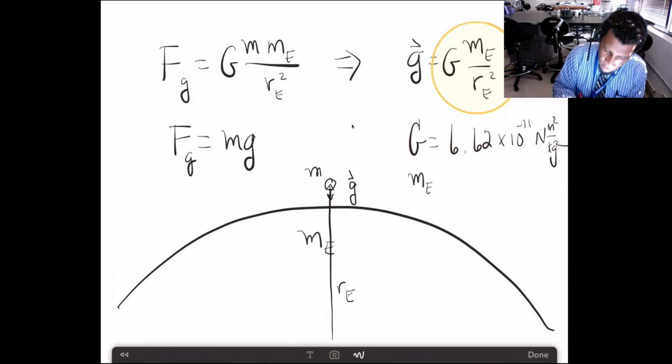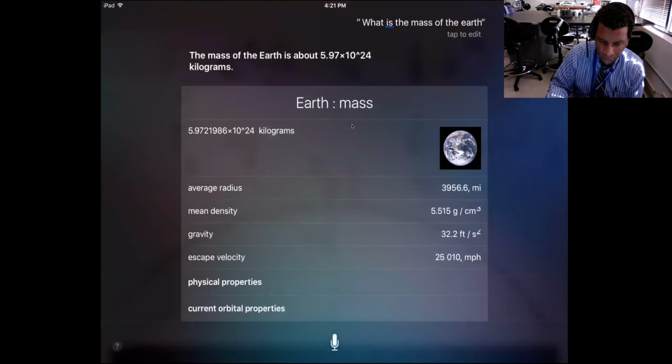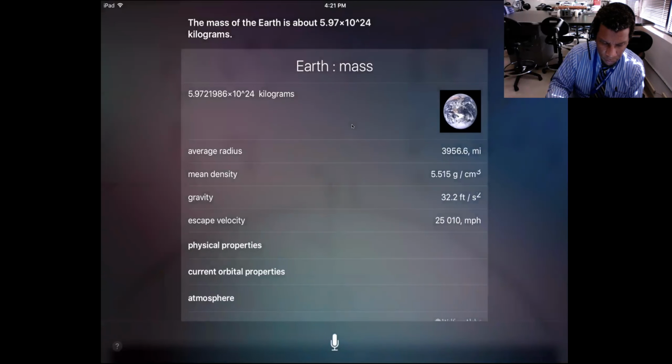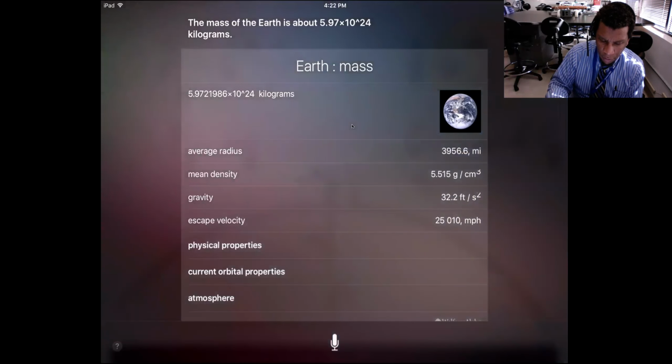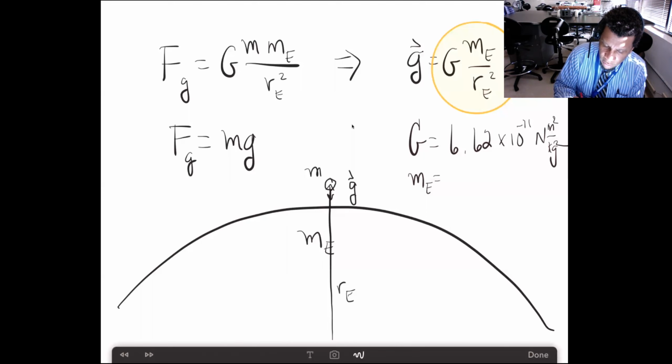The mass of the Earth is something like 5, I don't know, 6.2. Let me see real quick what the mass of the Earth is. The mass of the Earth is about 5.97 times 10 to the power of 24 kilograms. And we need the radius of the Earth.